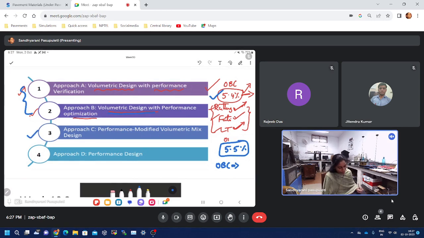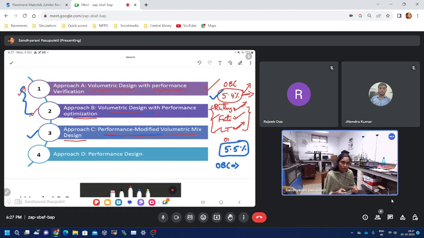And if you come to approach C, performance modified volumetric mix design, in this process we are going to modify the existing mix design process. Usually when we do Marshall, we prepare the specimens, we take some trial binder contents and we determine the binder content corresponding to 4% air voids.